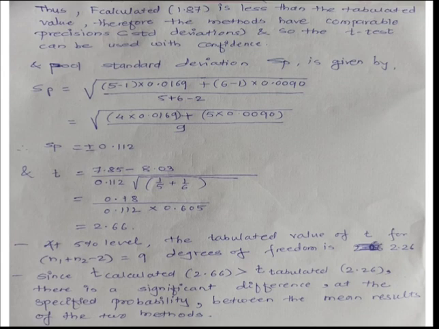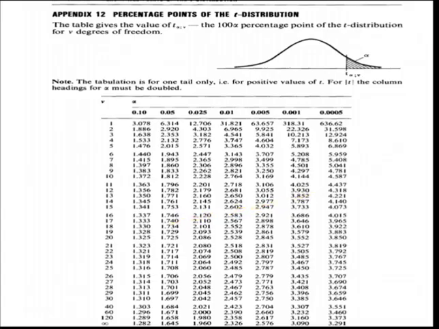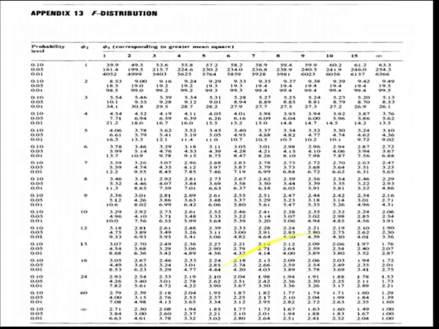And there is a significant difference at the specified probability between the mean results of the two methods. See here, the calculated value is 2.66 and the value of t given in the table is 2.26. That means the calculated value of t is greater than t tabulated.